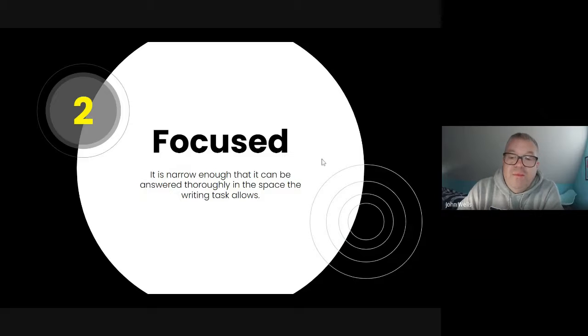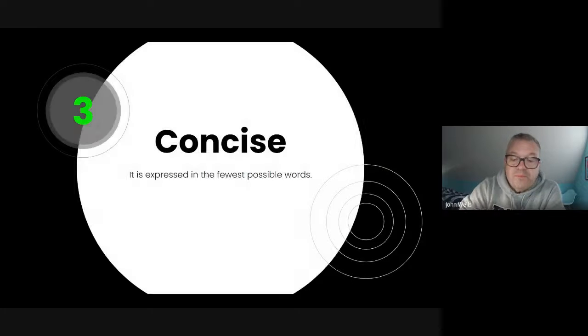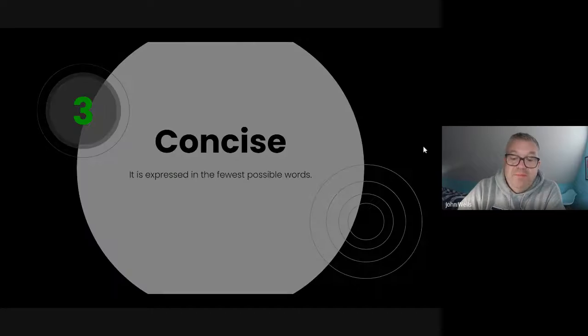Okay. So if it would take thousands of words to answer the question, it's probably too big. It should be very concise. And by concise, we're looking at using a very specific amount of words, a kind of economy of words, if you will, by keeping it simple and keeping it worded directly to what we're trying to ask.